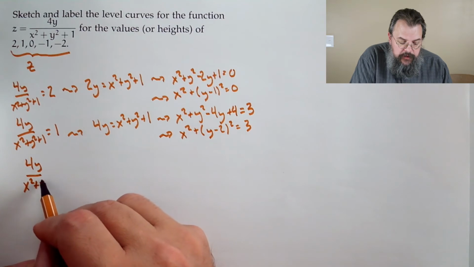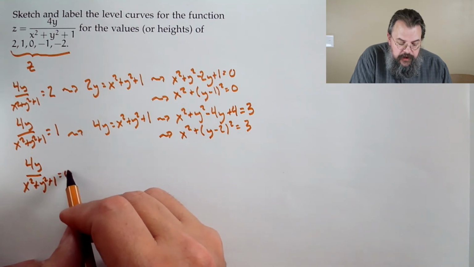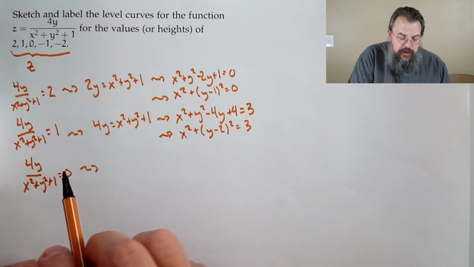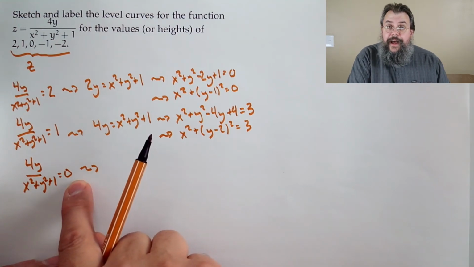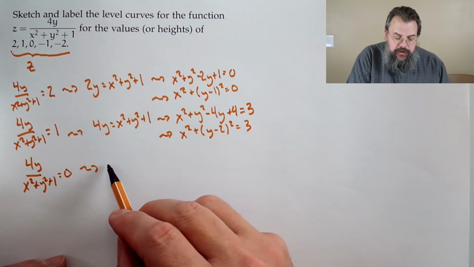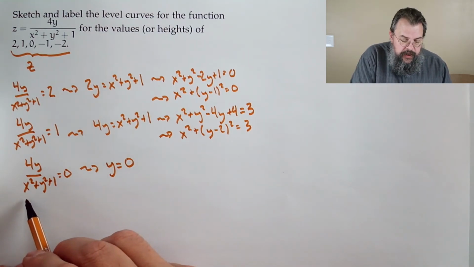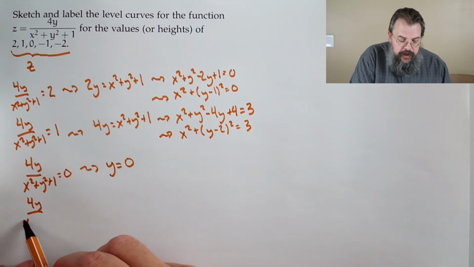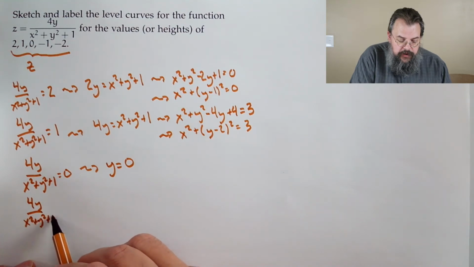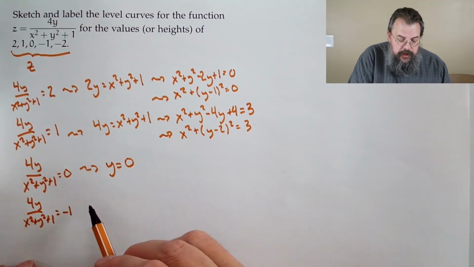4y over x squared plus y squared plus 1 equals 0. Well, that's easy. Multiply across, that goes away. 4y equals 0 is just another fancy way of saying y equals 0. Okay, 4y over x squared plus y squared plus 1 equals negative 1.